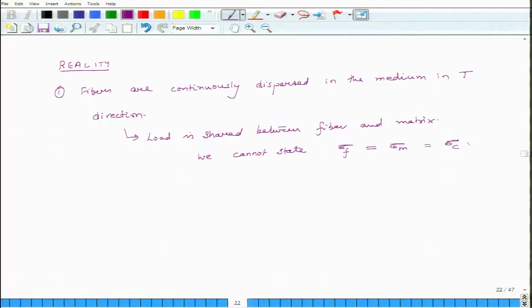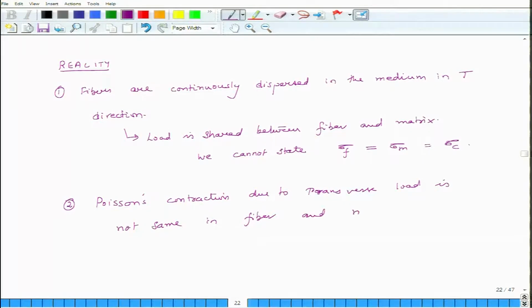There is one thing we have said. The second thing is Poisson contraction due to transverse load is not same in fiber and matrix. It is not the same.